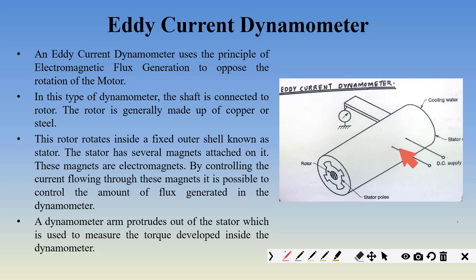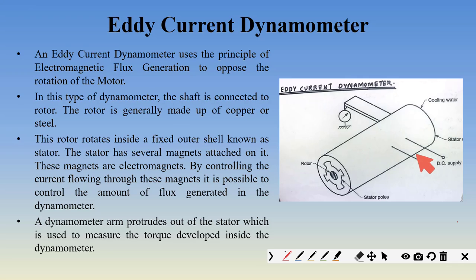When we supply power to that electromagnet, it gets magnetized and it opposes the motion of this inner copper shaft.